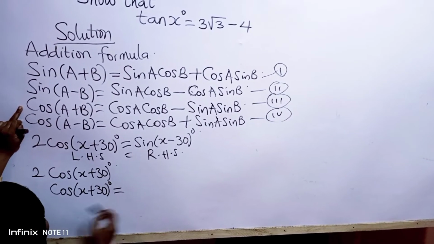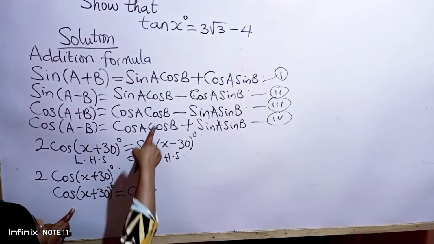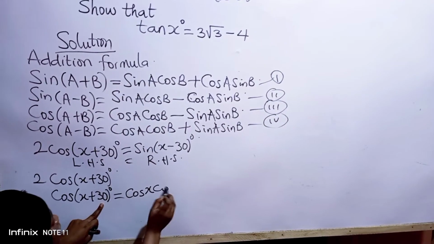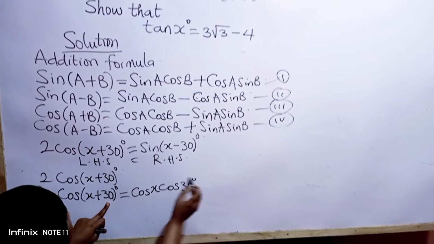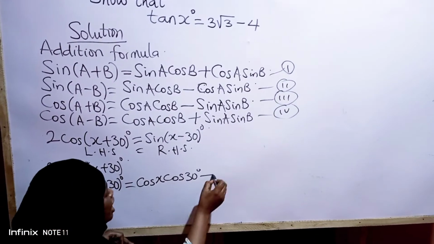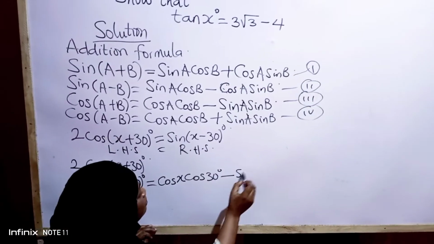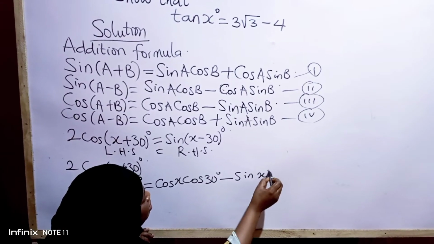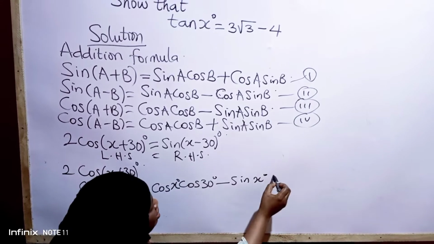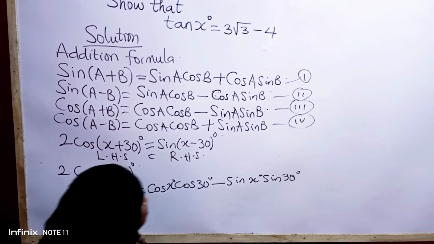So we're going to have cos x, then cos 30°. Then since here is plus, when you are expanding, it's going to be minus. So then sin x°, then sin 30°.